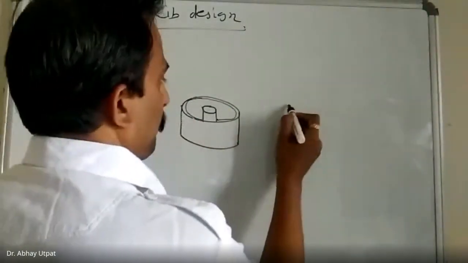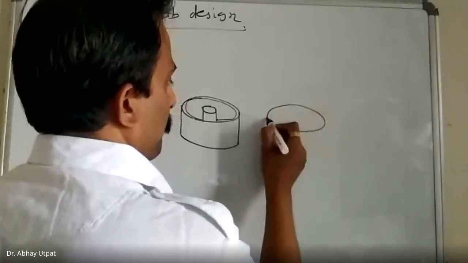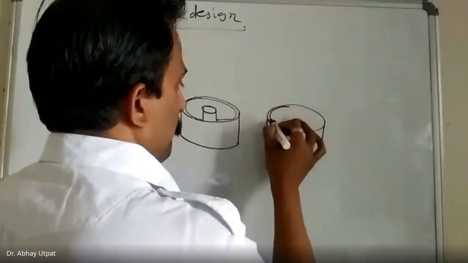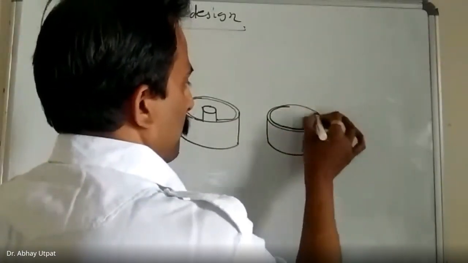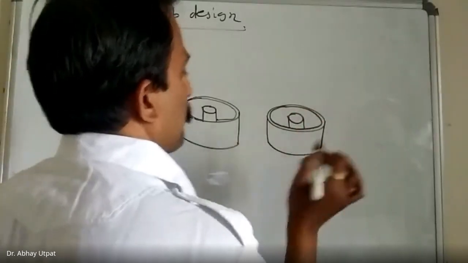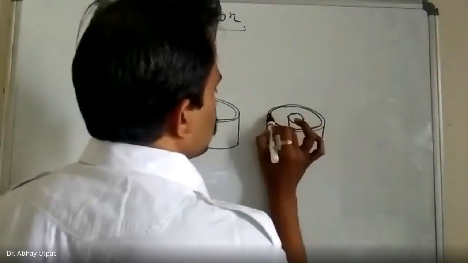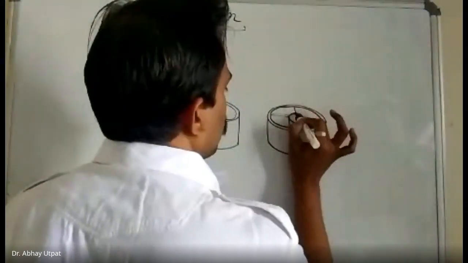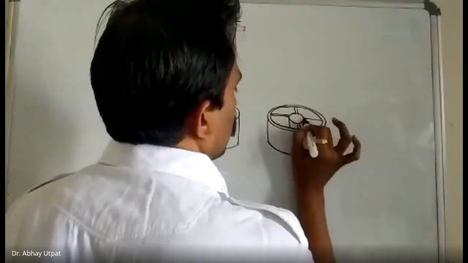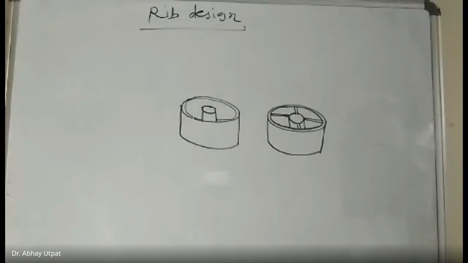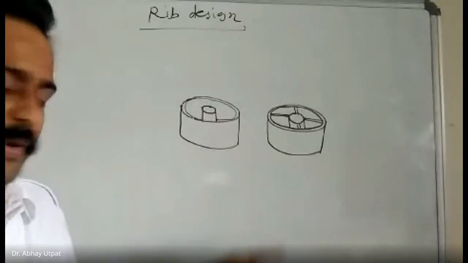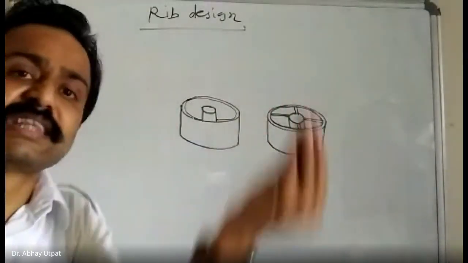Just check. This is your old, and now what I am doing, check. These are vertical walls which I have provided, which give extra support to this inner cylinder.